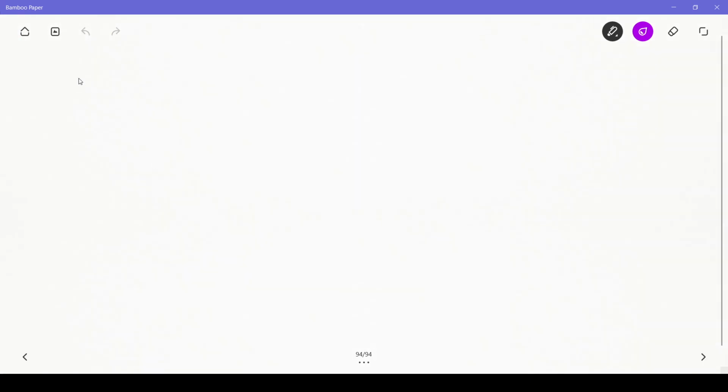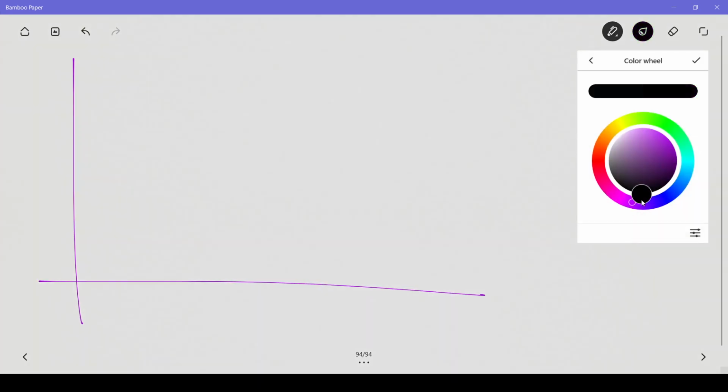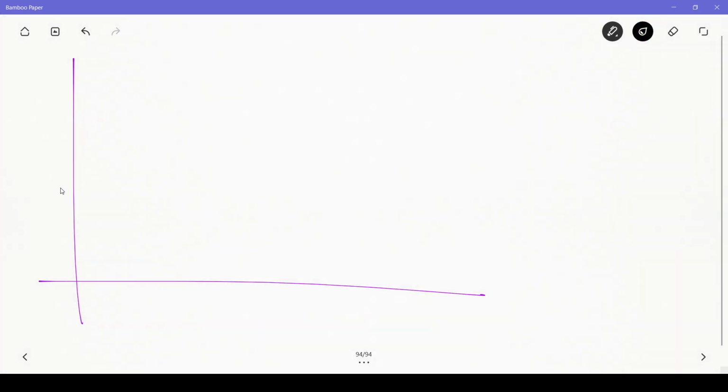Suppose I have a graph that looks something like this, so let's draw it. Initially we don't know how the graph looks. For illustration purposes I'm drawing a simple graph, but in reality we don't know what it looks like. We'll try to approximate the behavior of the graph. So let's say the curve looks something like this.